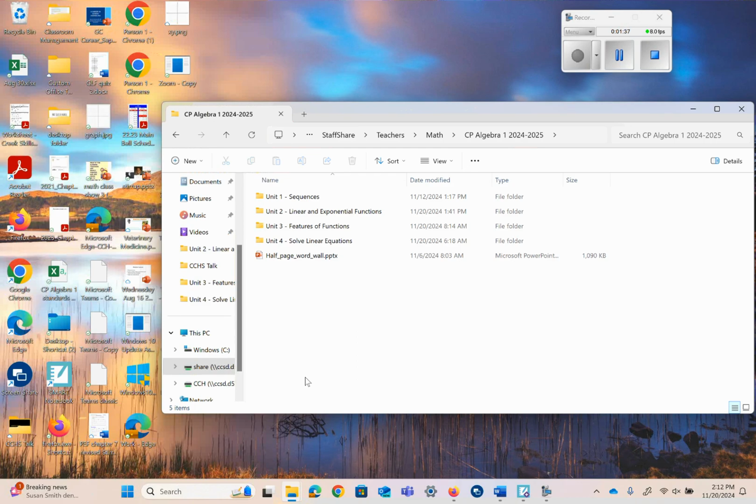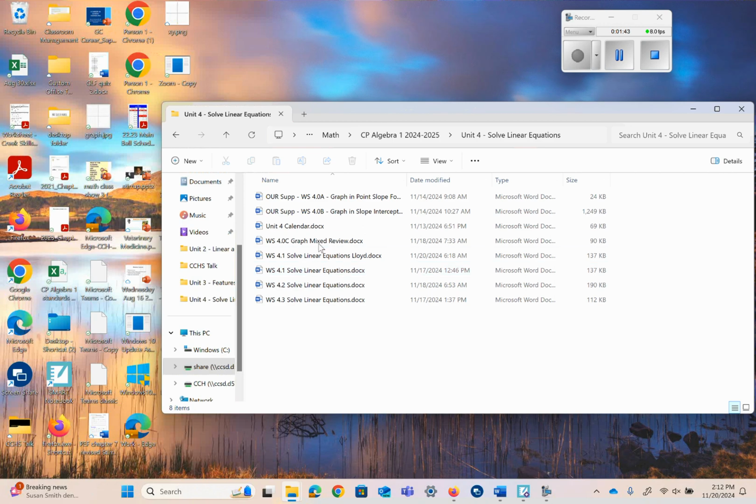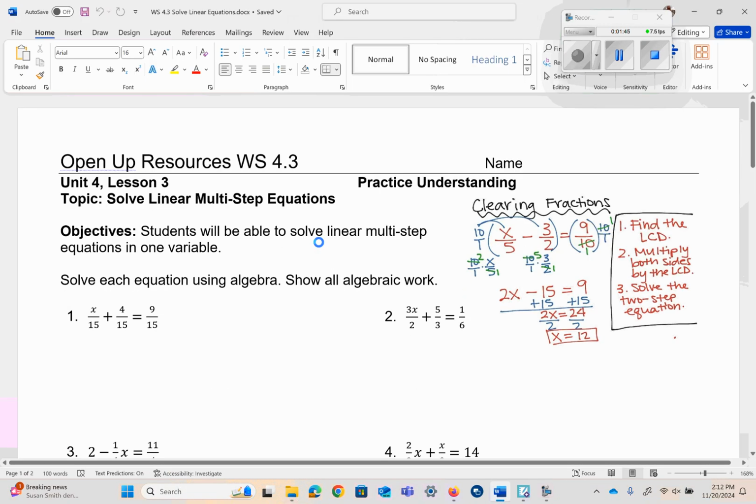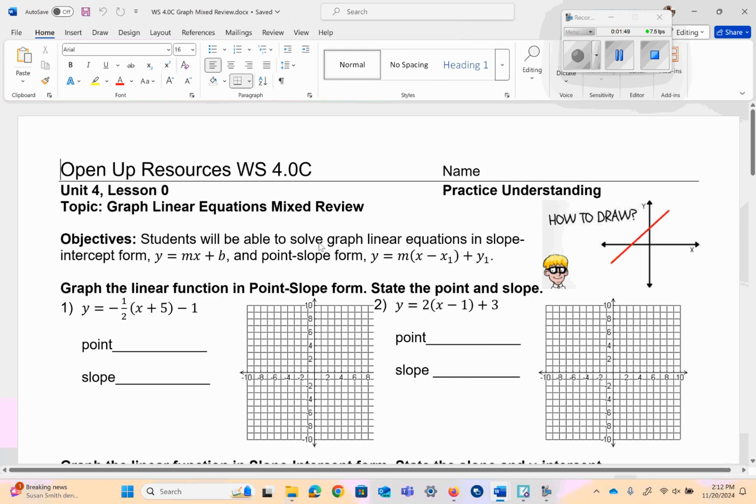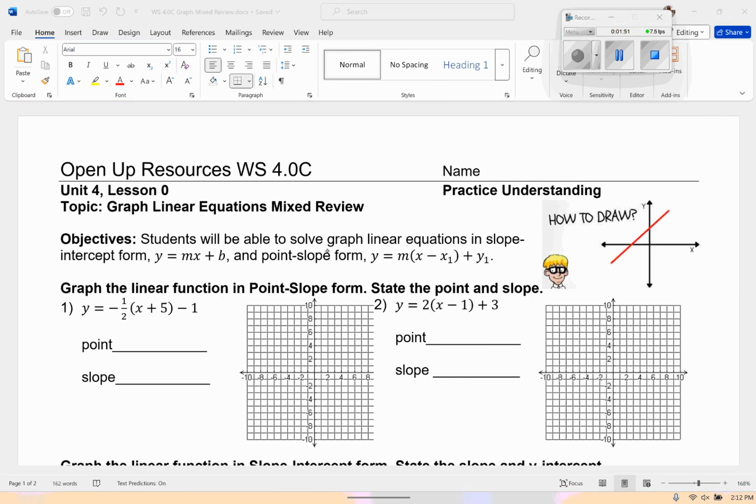That was worksheets 4.0C. Sure. All right. Woo! There we go. I think we can make it work.